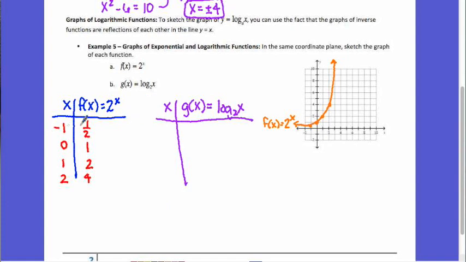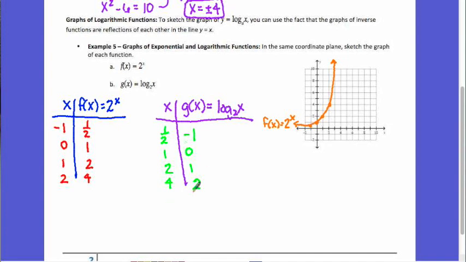So we had -1, 1/2 as an ordered pair, so now we're going to have 1/2, -1. We had 0, 1, so now we're going to have 1, 0. 1, 2 becomes 2, 1, and 2, 4 becomes 4, 2.